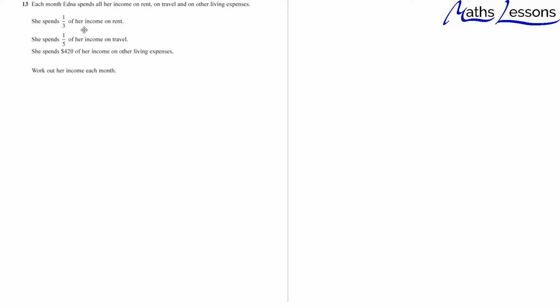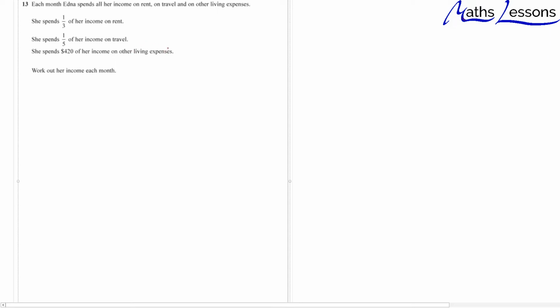So we've got, each month Edna spends all her income on rent, travel and other living expenses. 1/3 of income on rent, 1/5 of income on travel, and she spends $420 on other living expenses. Work out her income each month. So basically this is the amount on living expenses, which is everything else.